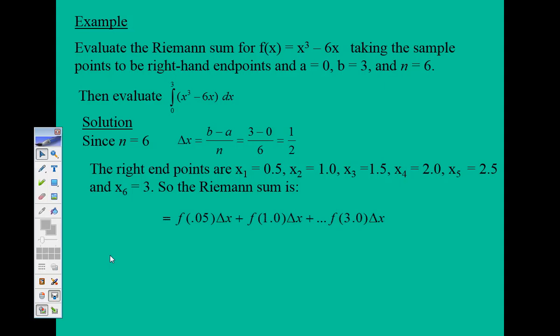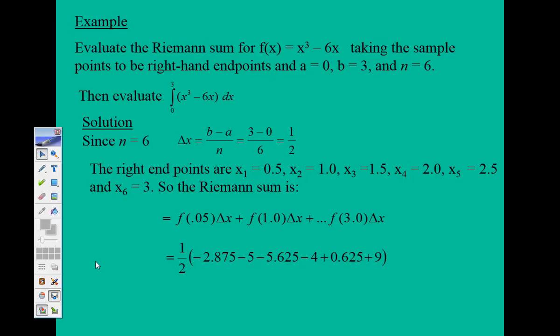Here's our Riemann sum. We're plugging in 0.5 to the function times the width, delta x, which we found to be 1/2, plus f of 1 times our delta x, plus all the way up to f of 3 times our delta x. So this would represent the estimate for the area under the curve from 0 to 3 using 6 rectangles.